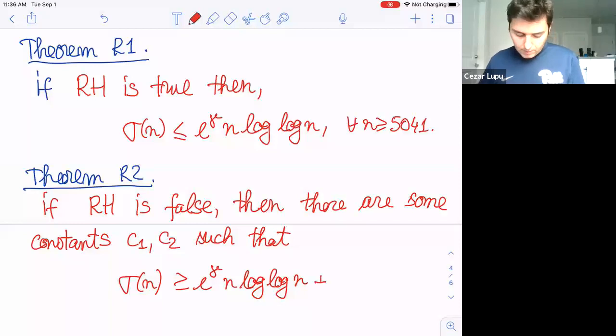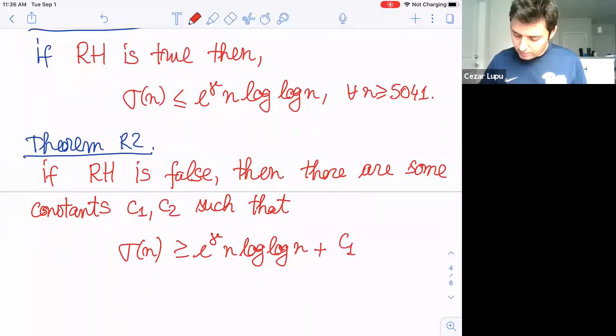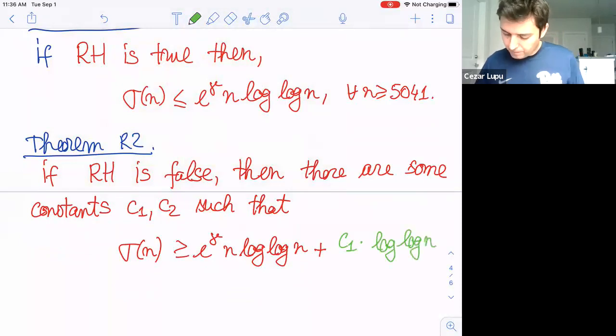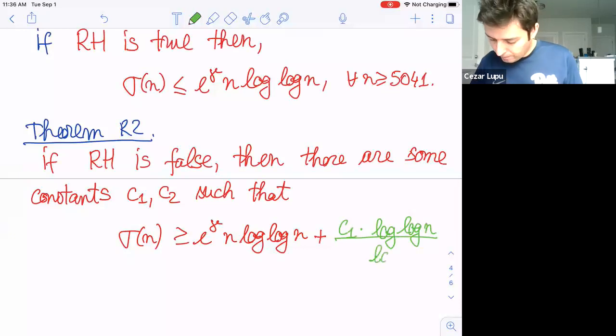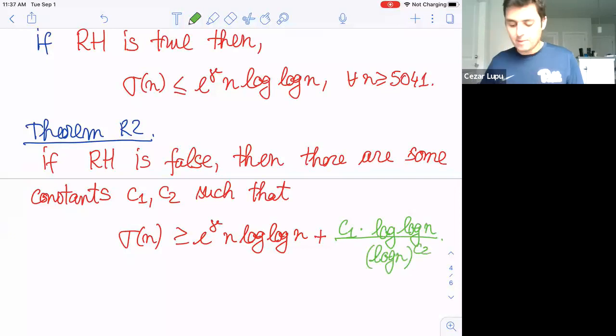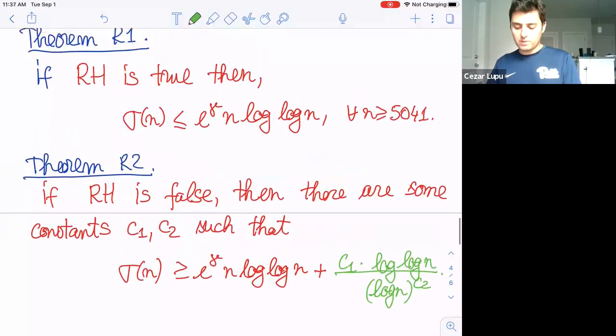Plus this, let's say C1, okay, let me write this so that you can see, plus C1 times log n over log n to the power C2. So these are the two theorems.